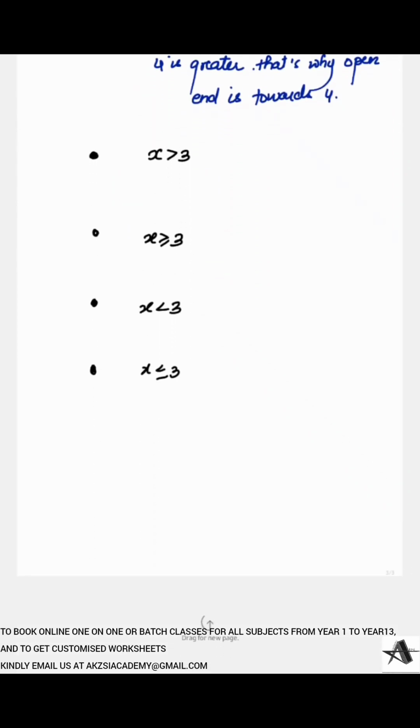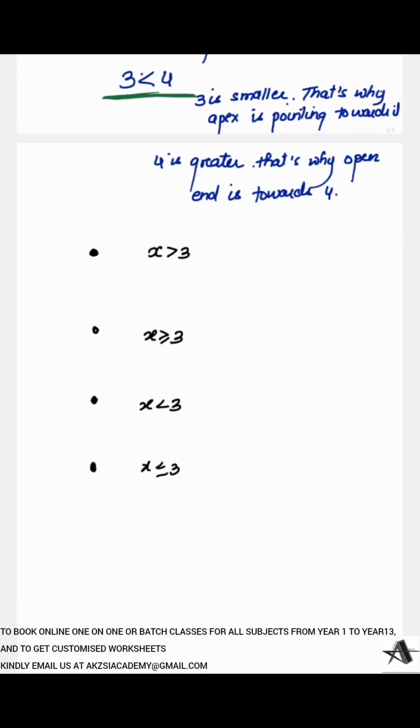Now let me show the different ways to show an inequality. The first one means x is greater than 3, because the open end is pointing towards x. So I can say x is greater than 3. For the next one, x is greater than or equal to 3.